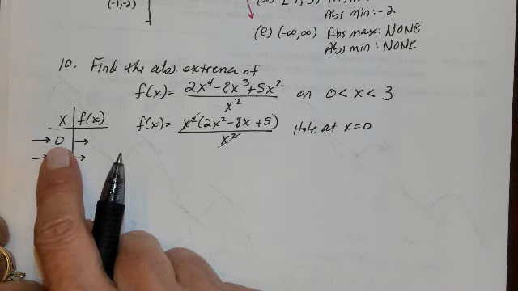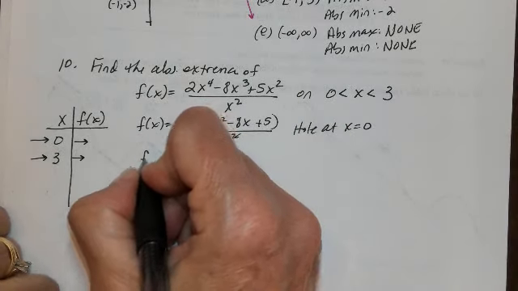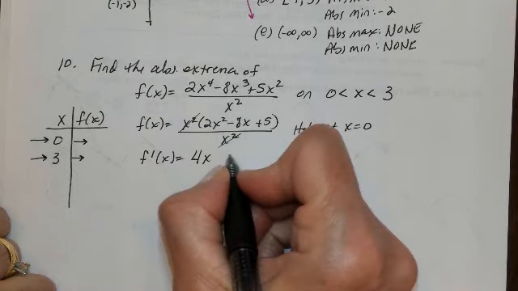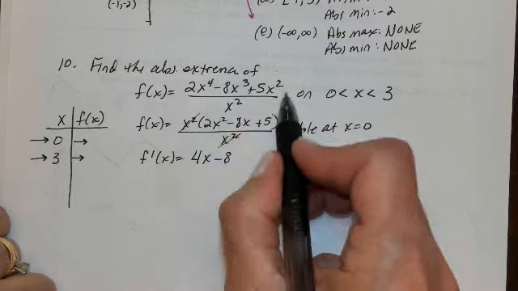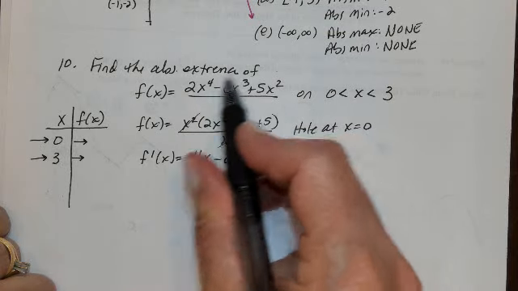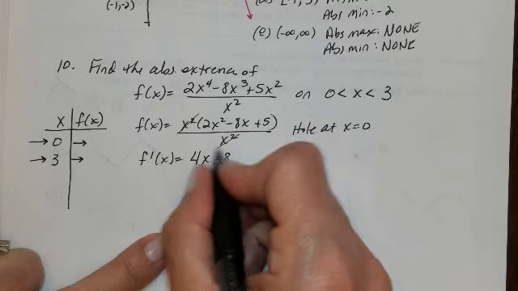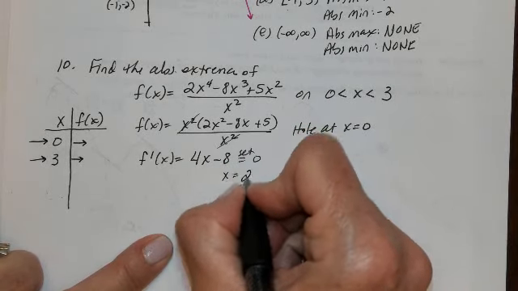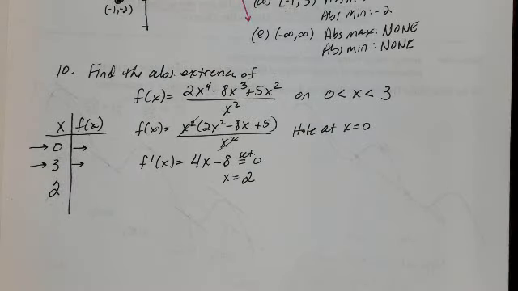But now I can just go ahead and take the derivative on what remains. So the derivative would be 4x minus 8. Much easier to take that derivative than it is using that quotient rule. All right, nothing makes this undefined, so we're just going to set it equal to 0. We get x is equal to 2. 2 is in my boundaries, so I put that on my closed interval test.